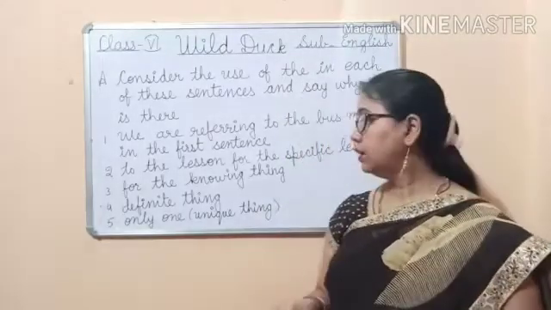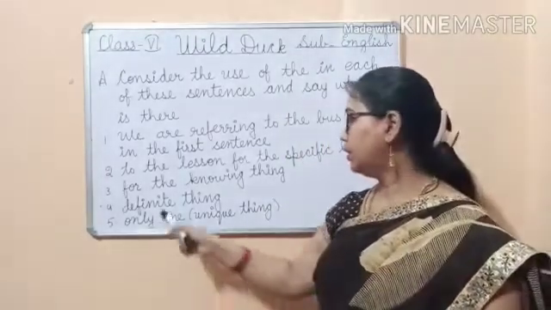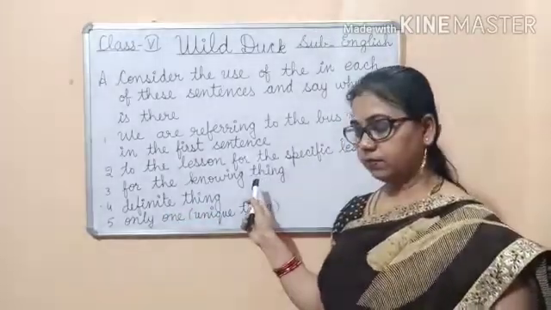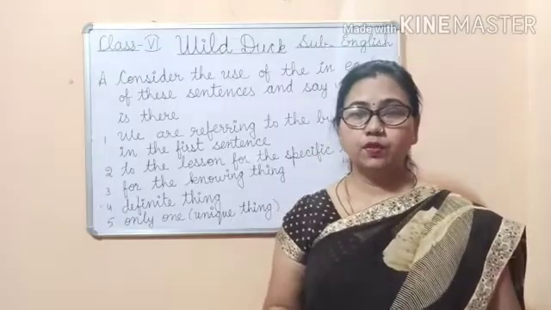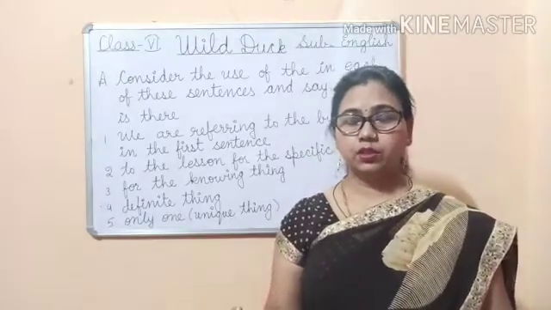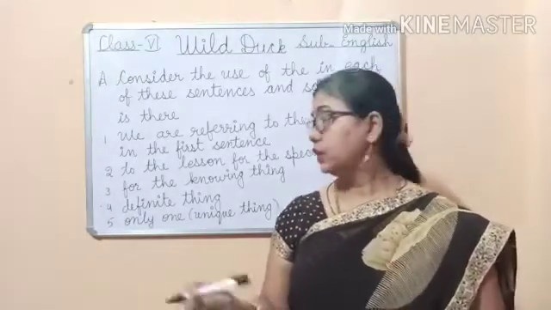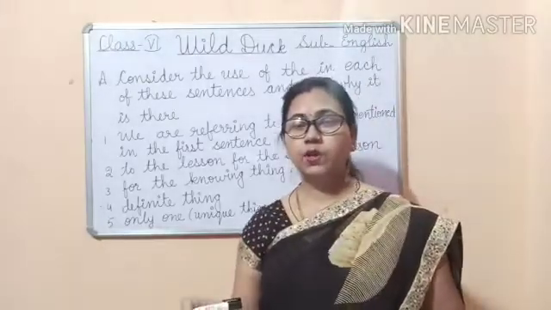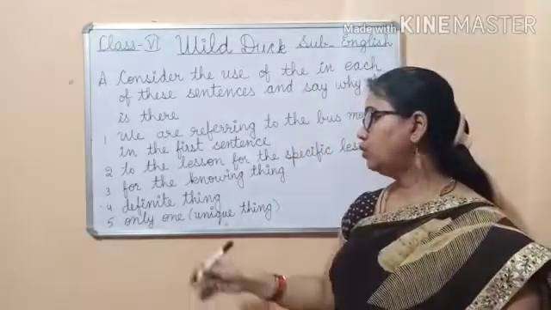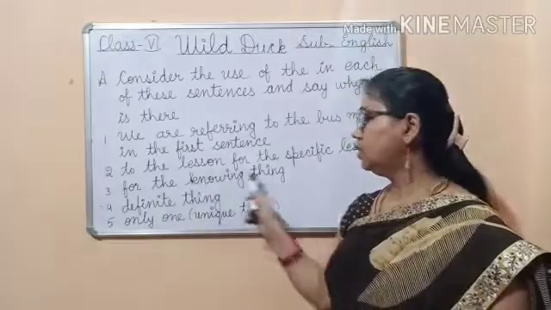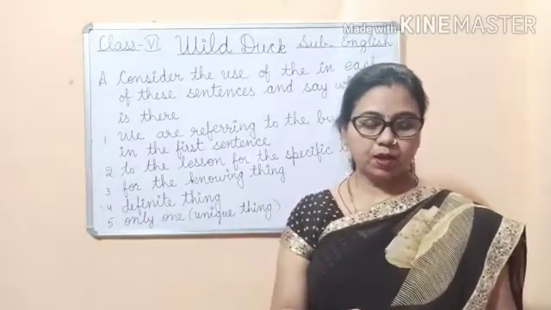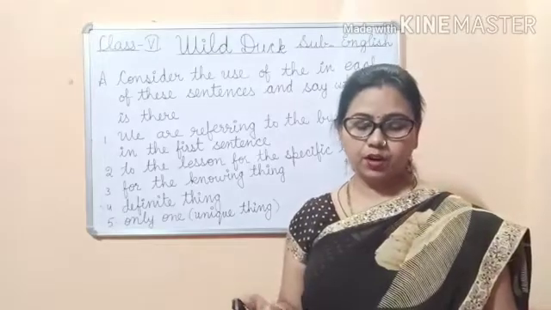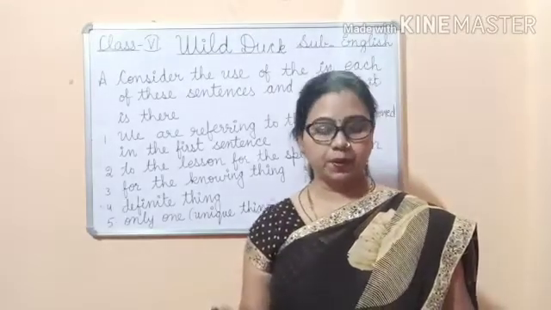Here "the" is used for a known thing. We had a shopping, so we know the bill the shopkeeper will give. So that is our known thing, and we have used "the" here. How much was the bill for all this shopping.